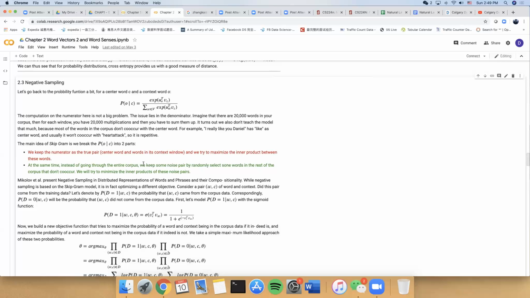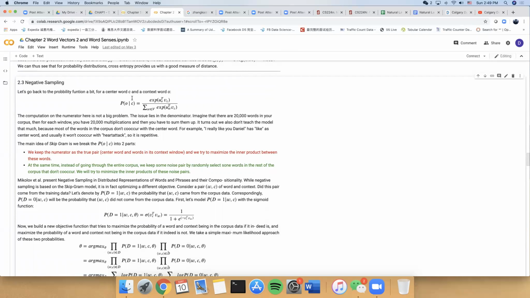We select some bad windows for the model to learn, so the model knows this is a really bad window, and the true pair is on the numerator. In that way, we make a contrast between the true windows and the bad windows for the model to learn.